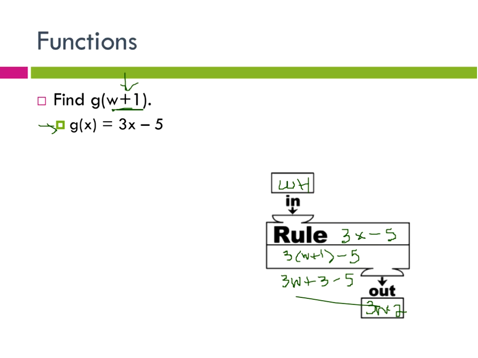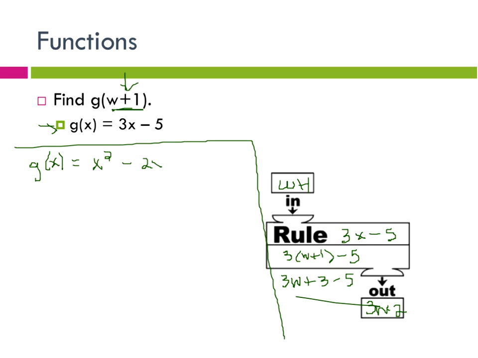So, we'll do a challenge problem. So we have just a little bit of time left. So let's say I give you now g of x equals x squared minus 2x.